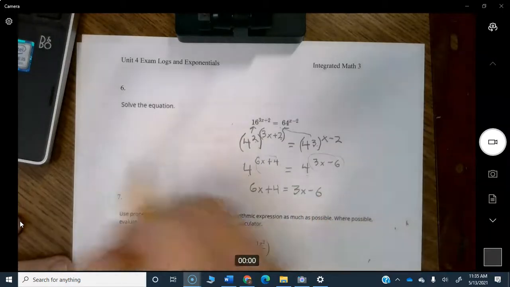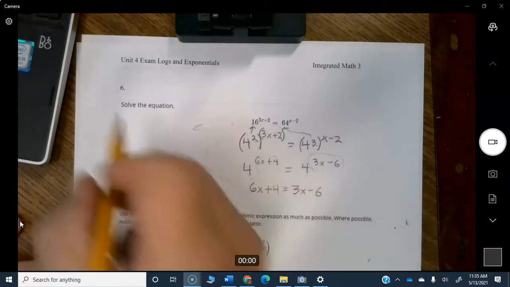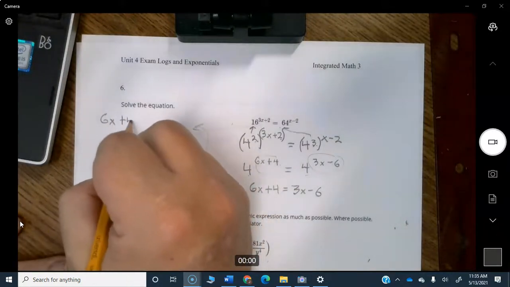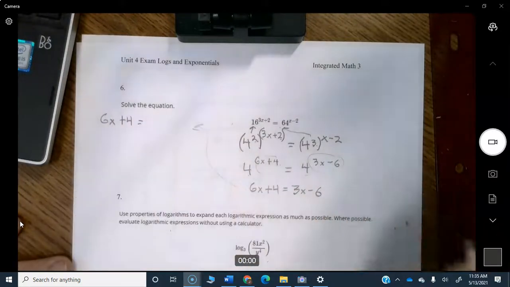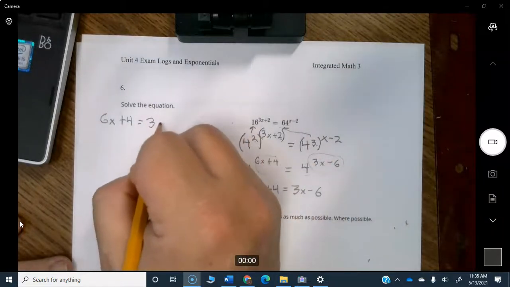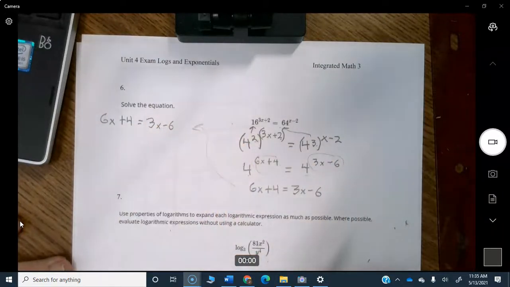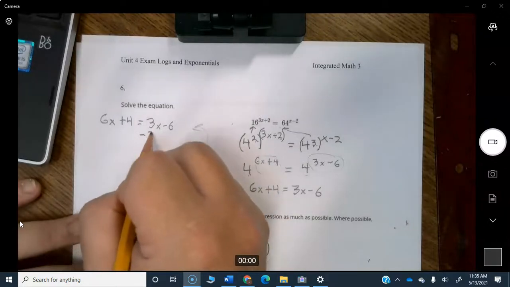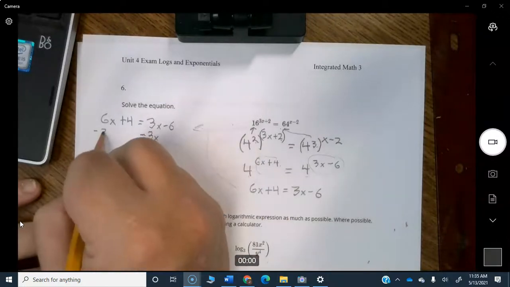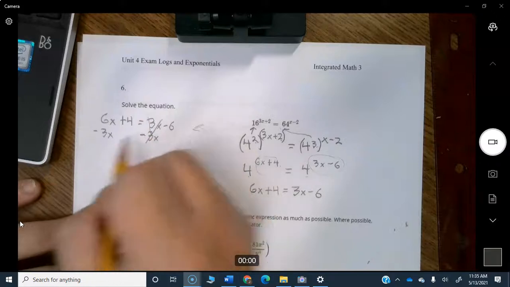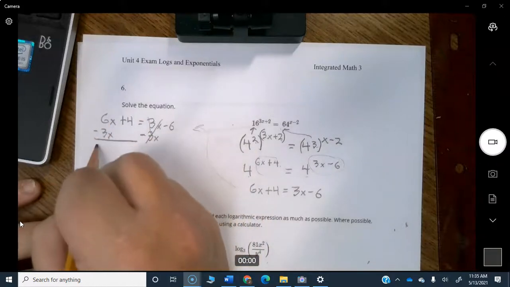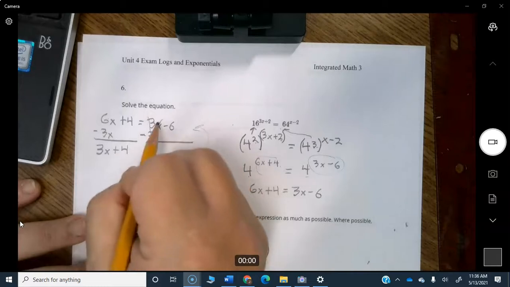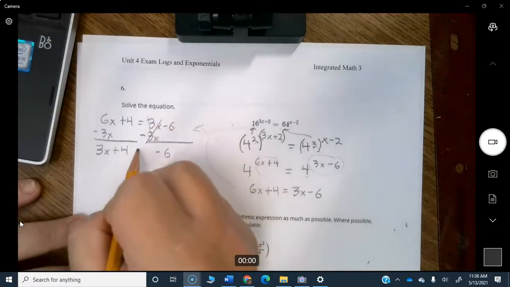Okay, I'm going to come over here and do the algebra. It's just an algebra problem right now. So 6x plus 4 equals, what is that? 3x minus 6. Okay, get all the x's on one side, so I'm going to subtract 3x here, 3x here. These go away, and this over here comes 6x minus 3x is 3x plus 4. And over on this side, that went away, so you have negative 6 equals.